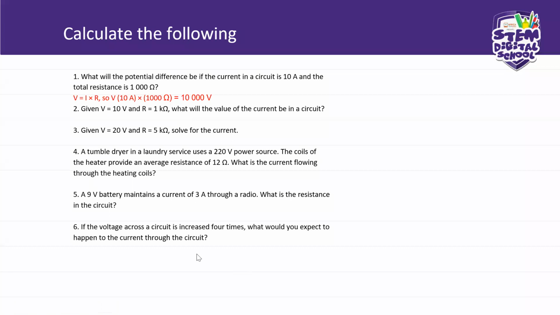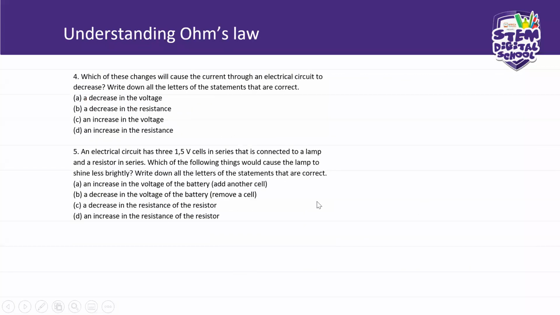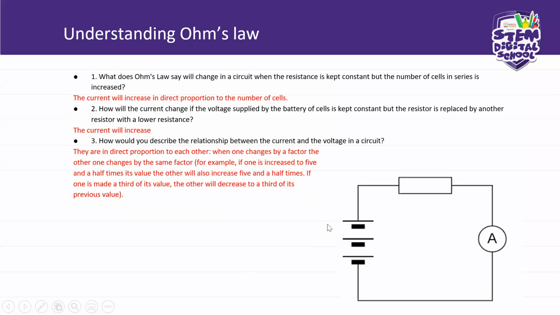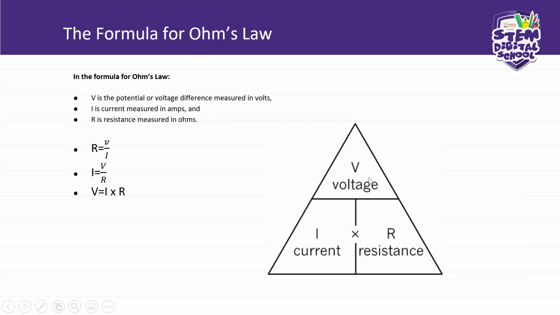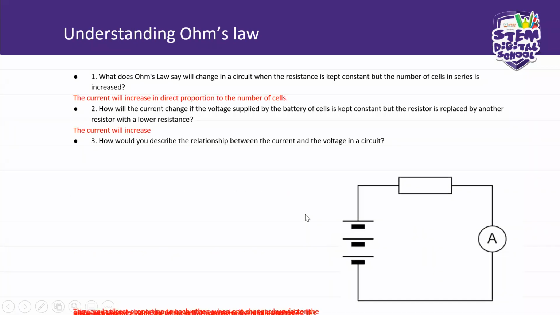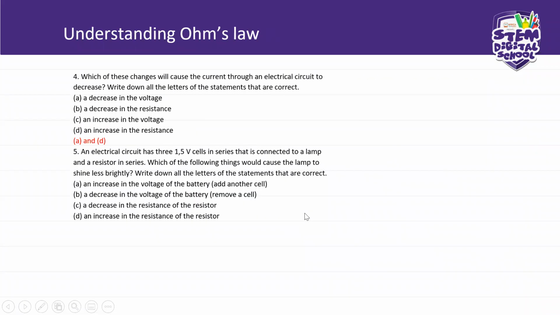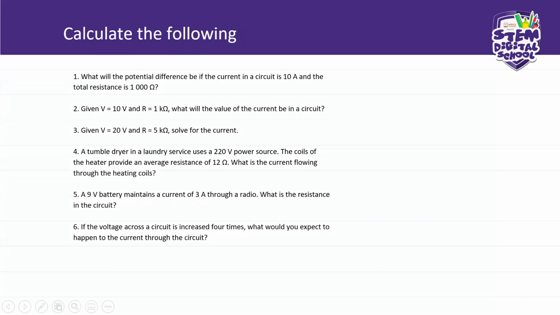How do you calculate current? Let me take you back to the triangle. Current is equal to voltage divided by resistance. So calculate quickly. What's your answer?